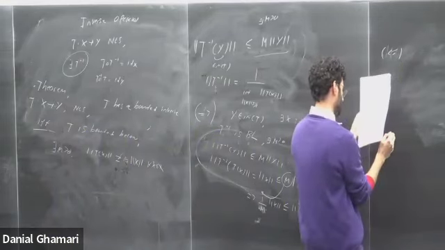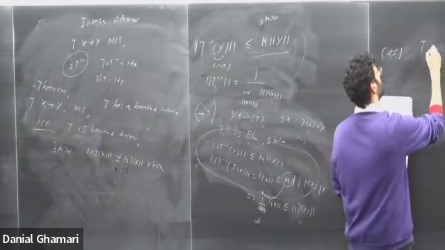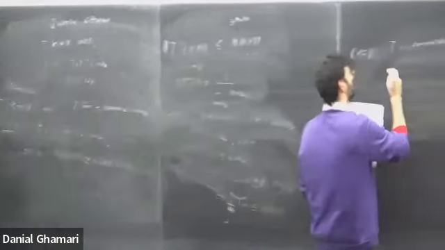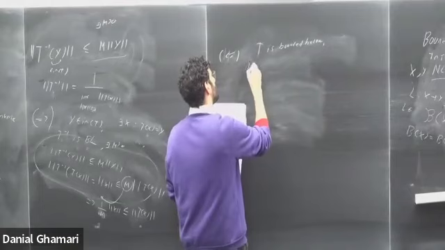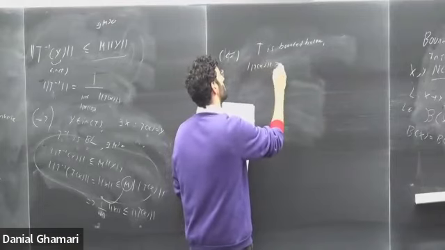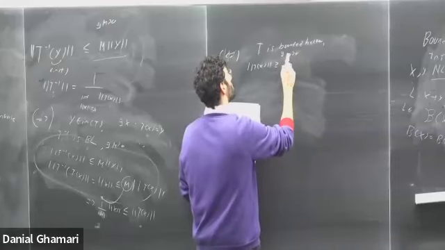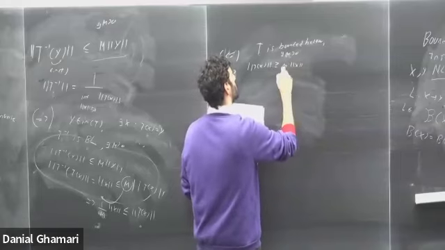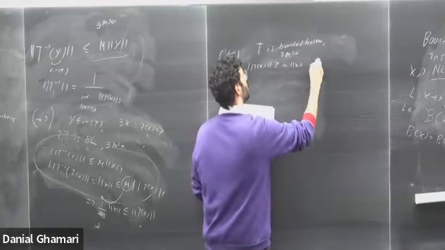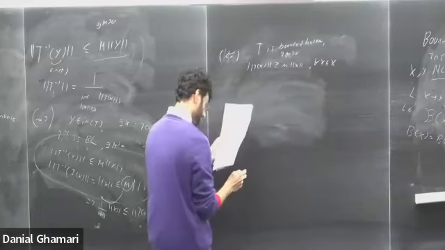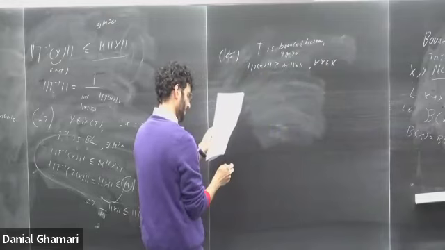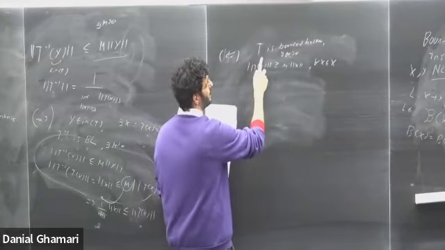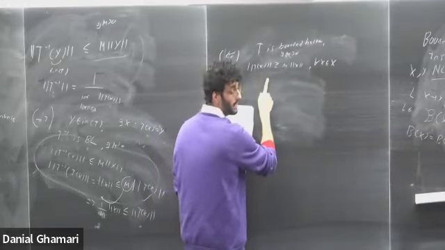So what we do is we suppose T is bounded below, which immediately tells us that there exists some small m greater than 0 such that m times the norm of x is less than or equal to the norm of T of x, for all x in the big X. So then what we can do is say, okay, if I want to show that T is invertible, one criterion I can check is whether it's at least injective.